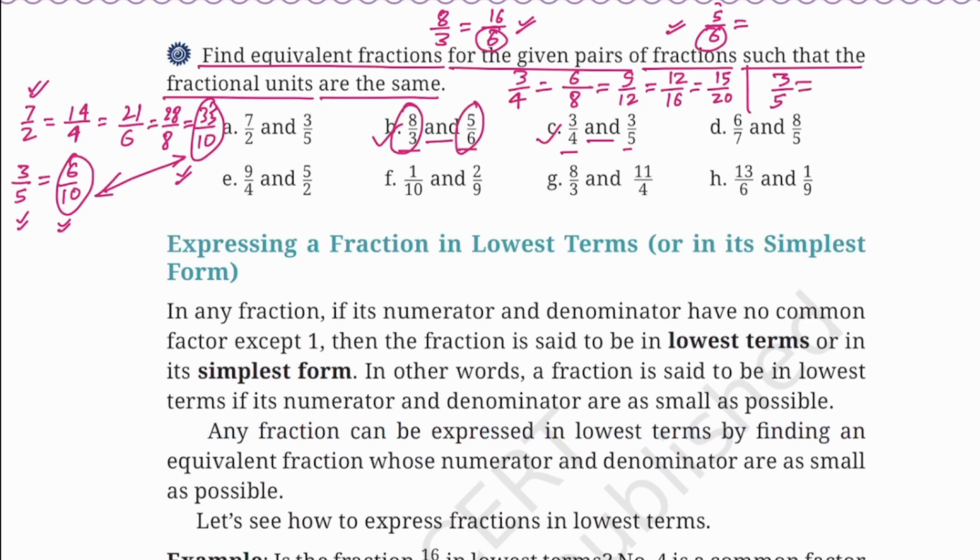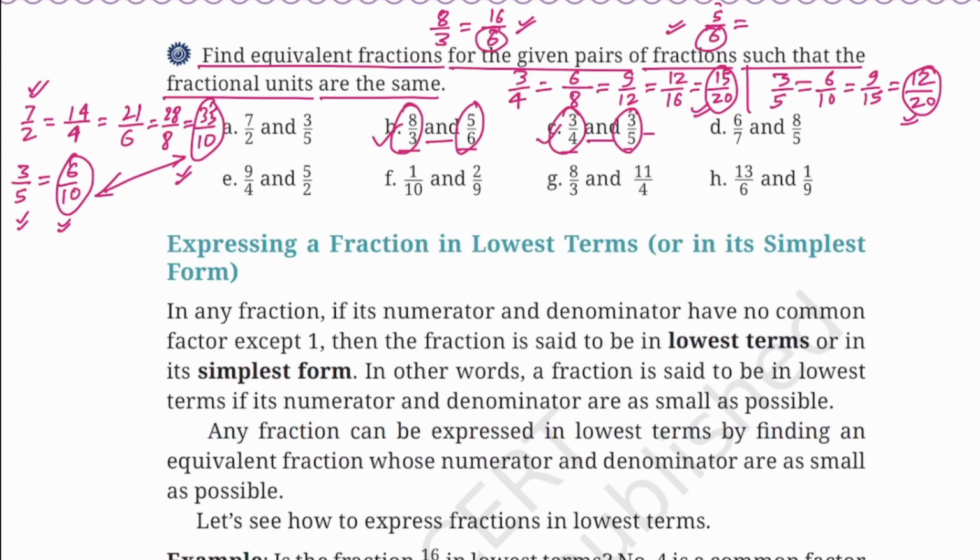Equivalent fractions of 3 upon 5 are 6 upon 10, 9 upon 15, and then 12 upon 20. Now you can compare these two fractions since their denominators are the same, 20. You can see 15 upon 20 is greater than 12 upon 20. So you can say 3 upon 4 is greater than 3 upon 5.